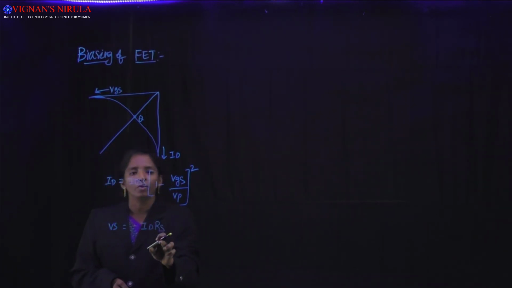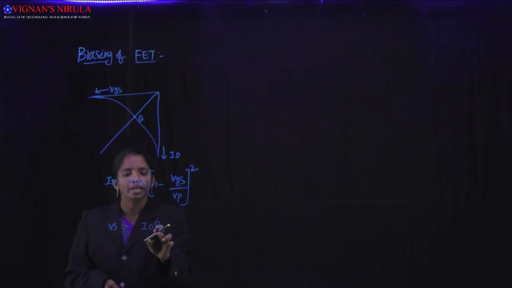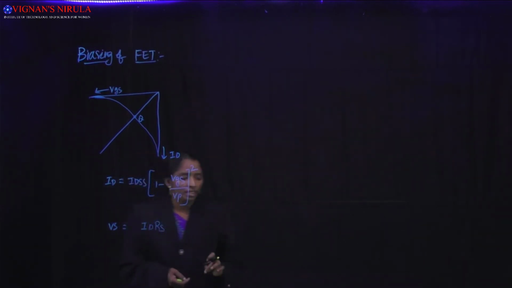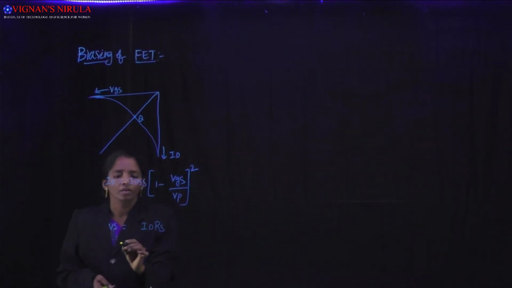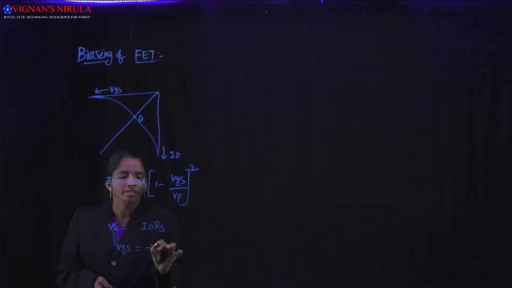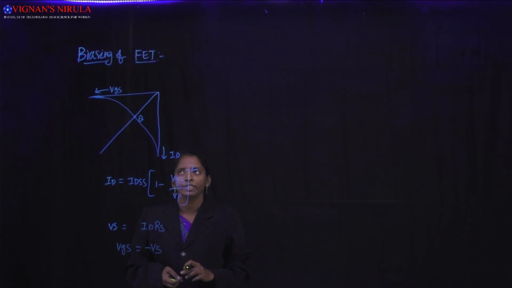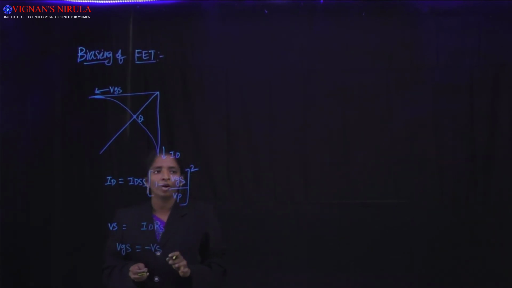The current flowing through the source resistance is ID. So Vs equals ID into Rs. And from this we get VGS equals minus Vs. This is the fixing of the operating point.